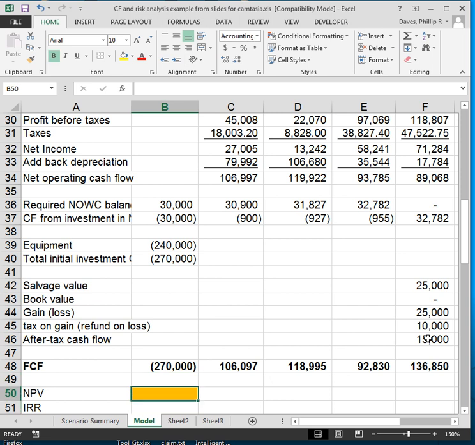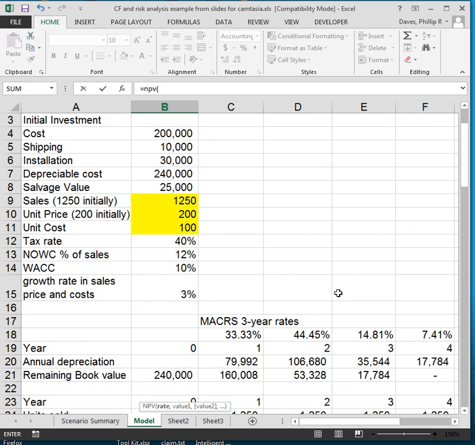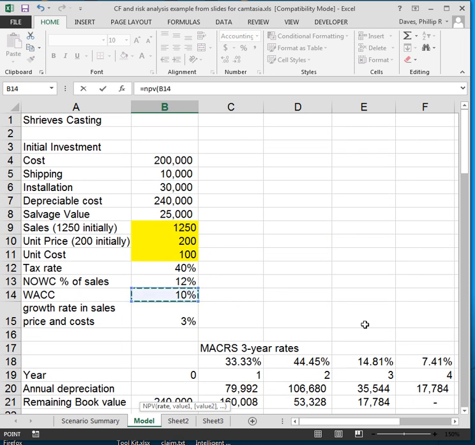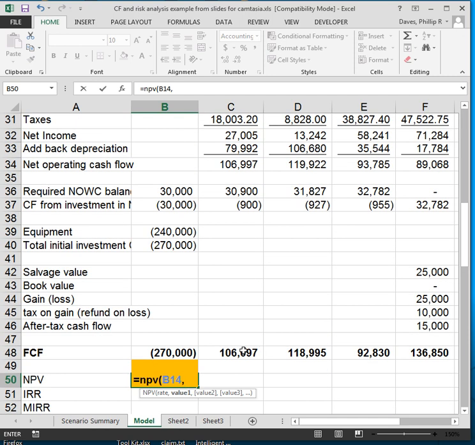We can now calculate the net present value of this. All right, our discount rate, our weighted average cost of capital, is 10%. Remember, you have to highlight years 1 to the end and not year 0, because the NPV function always assumes that the initial cash flow is discounted one period.